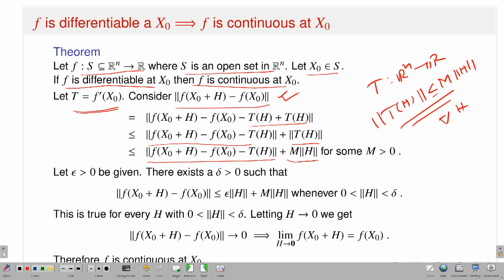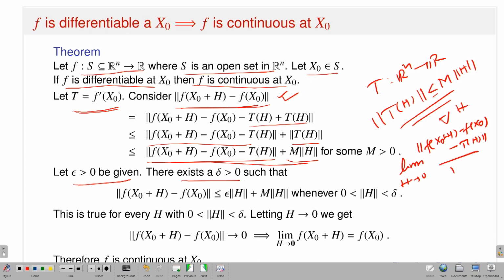Once I have this one, that this is dominated by this object, then suppose epsilon greater than 0 is given. There exists a delta such that this is true, because in your hypothesis what is given is that my function f is differentiable, that means the total derivative exists. That means this is given: the limit as h approaches 0 of the norm of f of x naught plus h minus f of x naught minus Th, divided by the norm of h, is equal to 0.